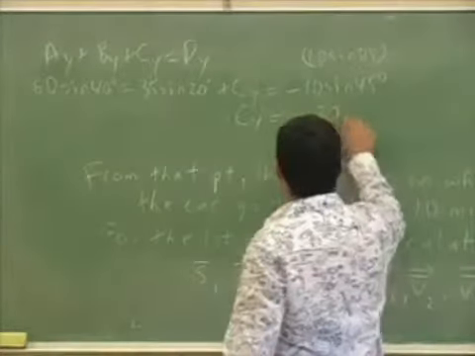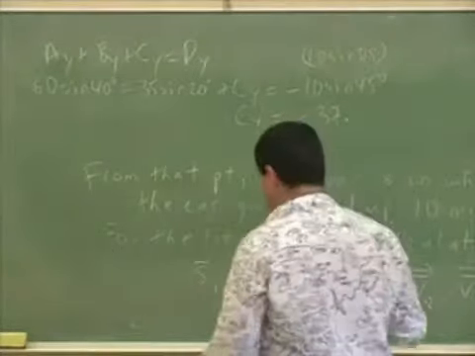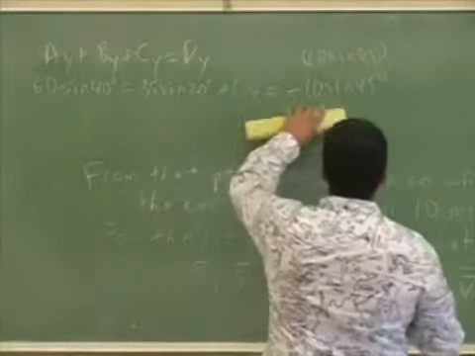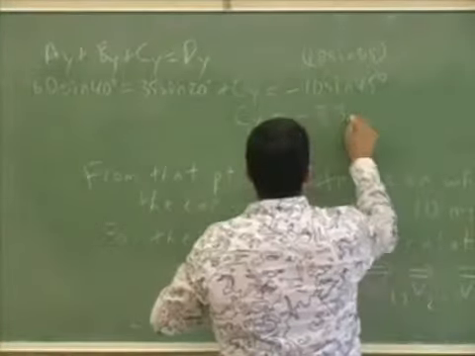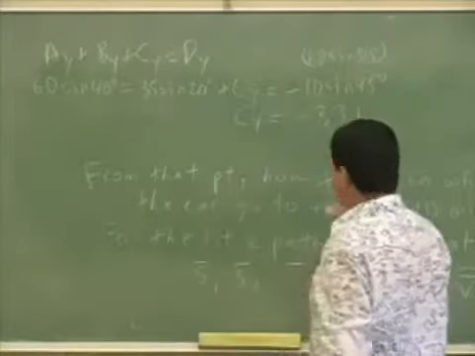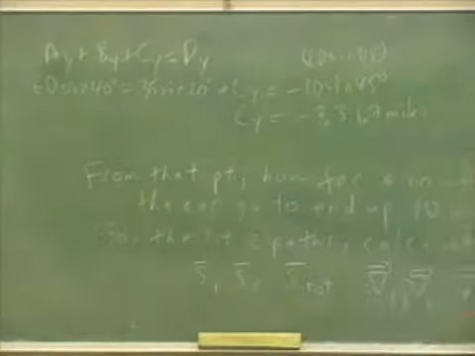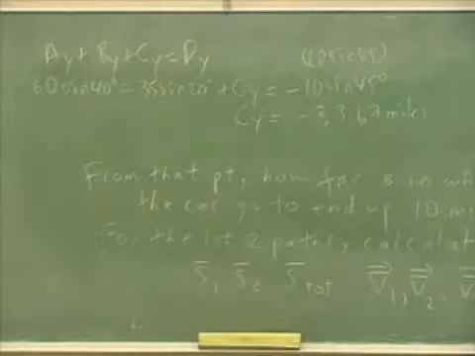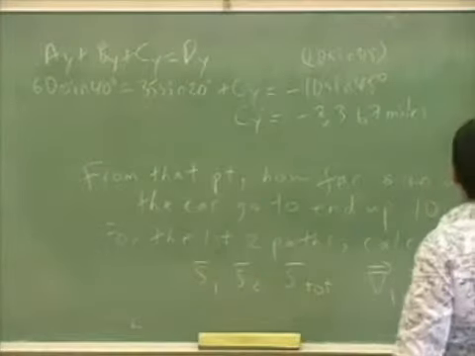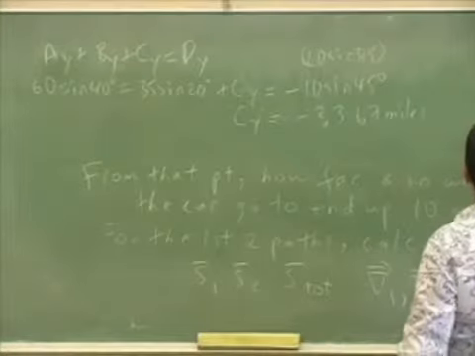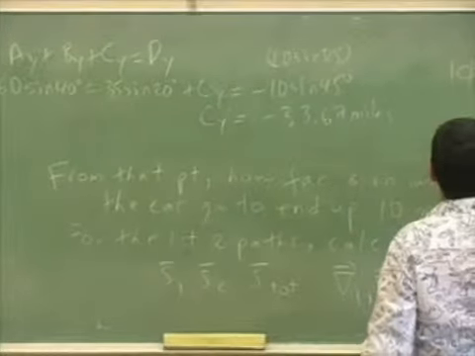Negative 37.67 miles. So now remember the question said how far and in which direction should the car go? So you go magnitude of c is square root of cx squared plus cy squared.